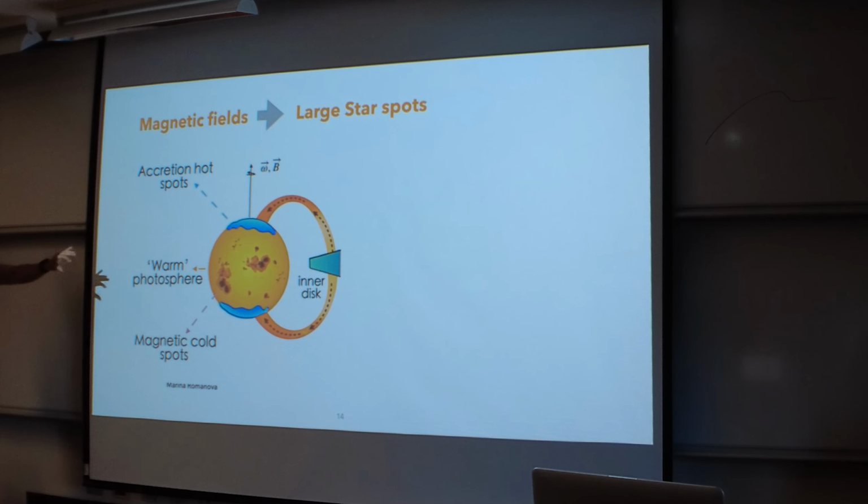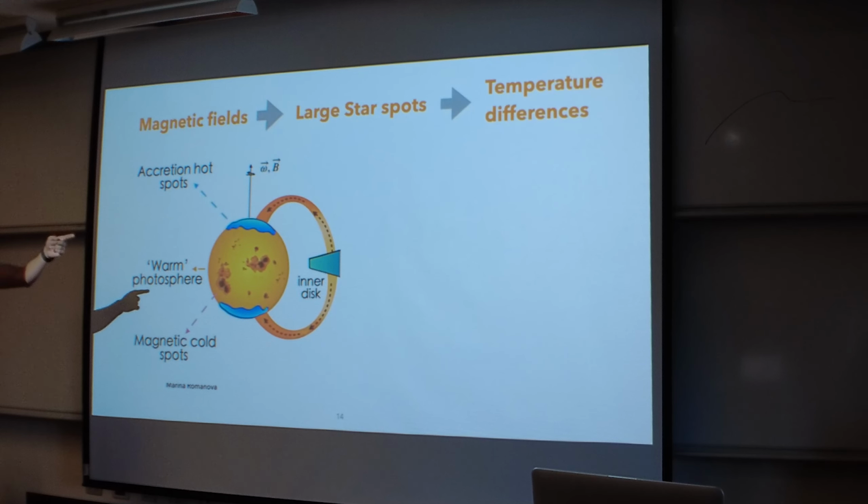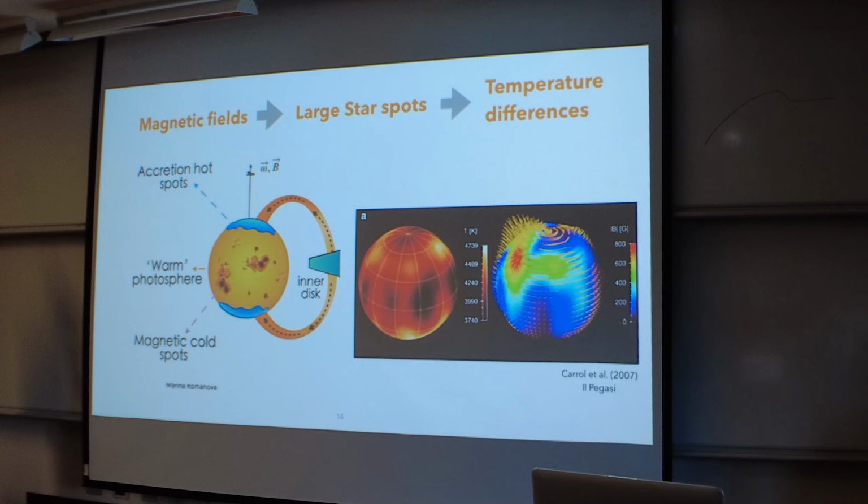For all these sources, we measure magnetic fields of 2,000 or 3,000 Gauss. That's over 1,000 times stronger than what we measure in the sun, which will create large star spots, which will create temperature differences between optical and infrared observations. That's an example, a cartoon-ish representation.